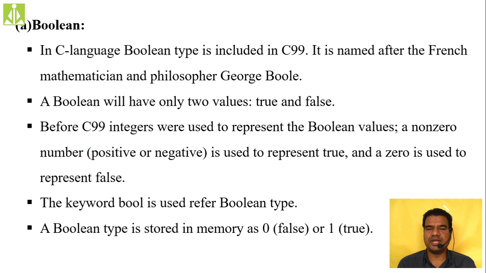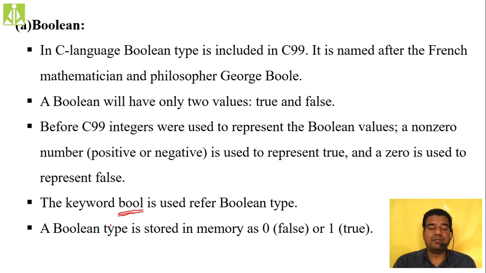Moreover, to use the boolean type in our programming, we use the keyword bool, B-O-O-L, to declare a variable of type boolean.